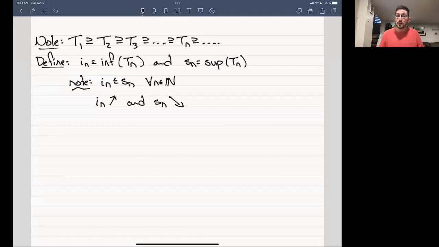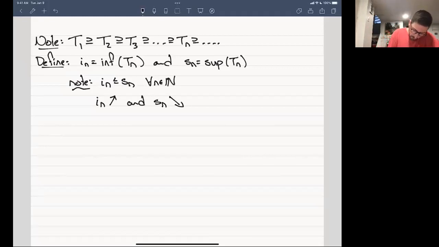Why is that the case? Well, it comes from that nesting. You're just looking at fewer elements as n increases, right? You're scrapping a few of the elements to go beyond into the higher values of n. So clearly you're looking at less, so the supremum has to be potentially getting smaller, and the infimum has to be potentially getting bigger.